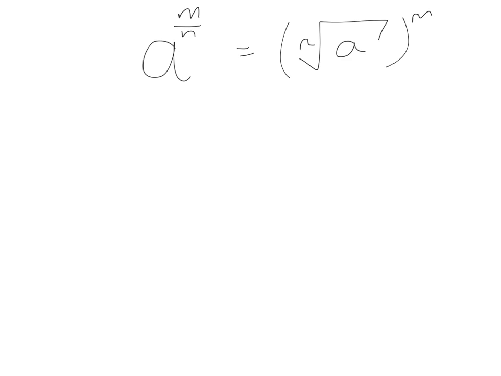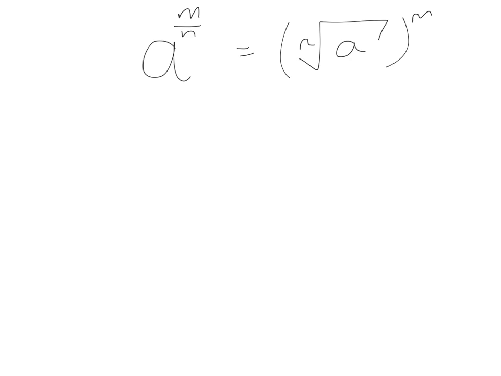There is another way to show this as well, a to the power m over n. We can write this similarly as this here. Both this and the last screen are exactly the same thing.